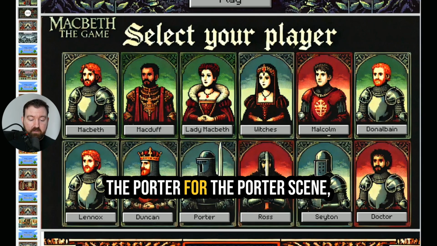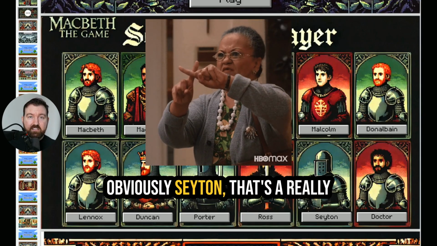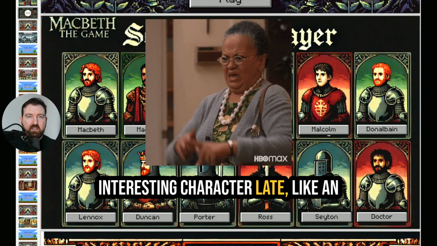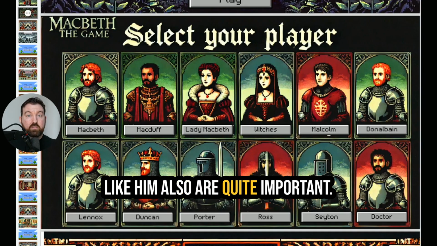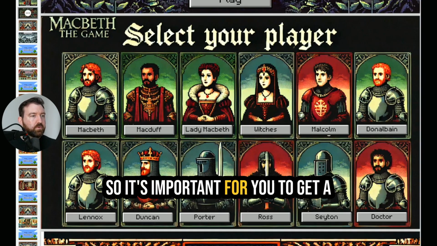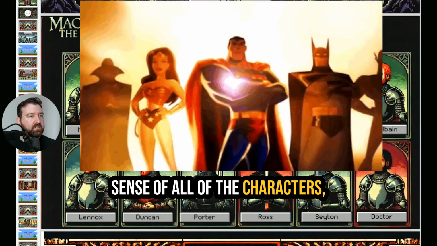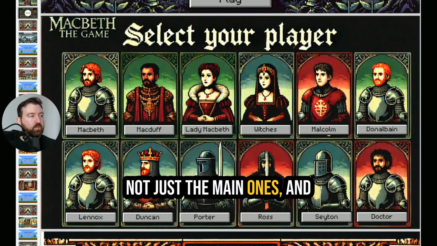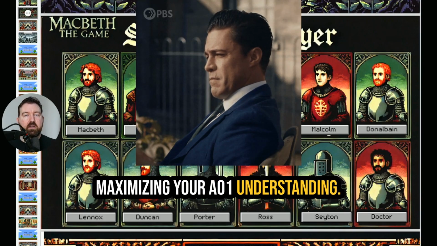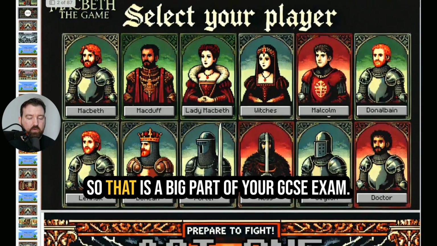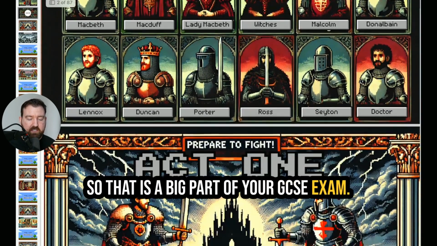The Porter, for the Porter scene obviously. Seyton, that's a really interesting character in Act 5. The Doctor and other characters like him are also quite important. So it's important for you to get a sense of all of the characters, not just the main ones, and that's going to make sure you're maximizing your AO1 understanding. That is a big part of your GCSE exam.